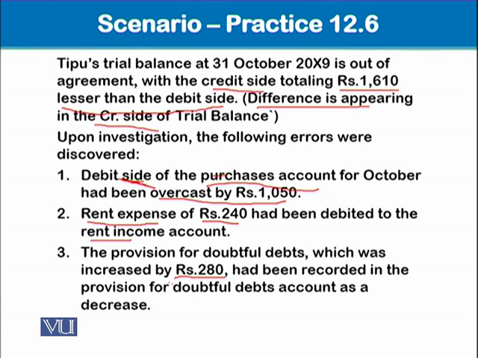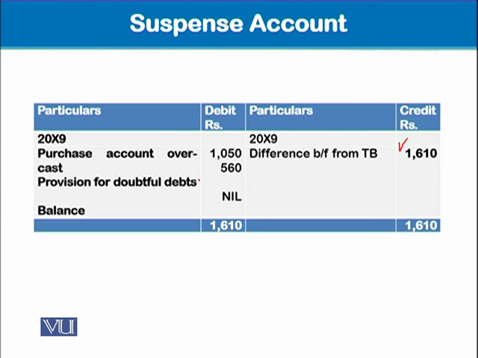So now we have to credit this provision for doubtful debt account with double amount, and this double amount is 560. So this 560 and this 1,050 in the debit side gives us 1,610. And this 1,610 altogether, the balance of suspense account is nil.